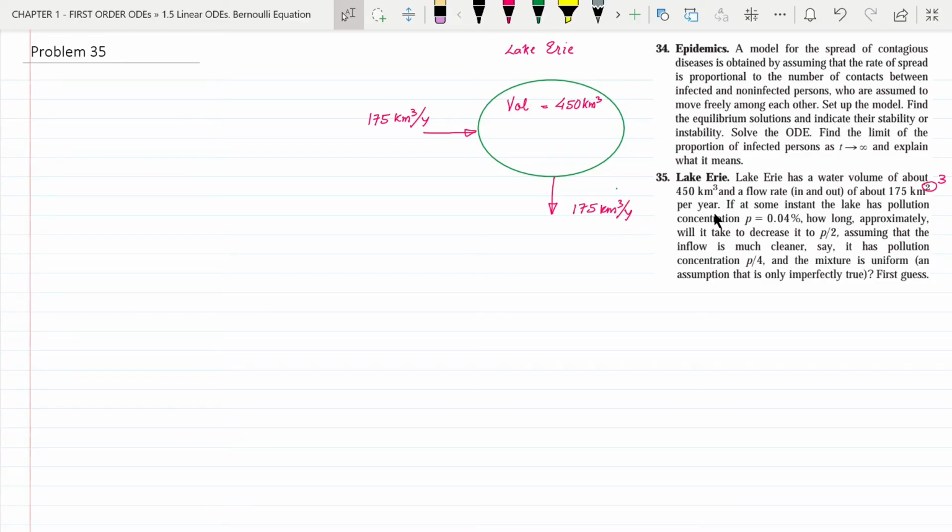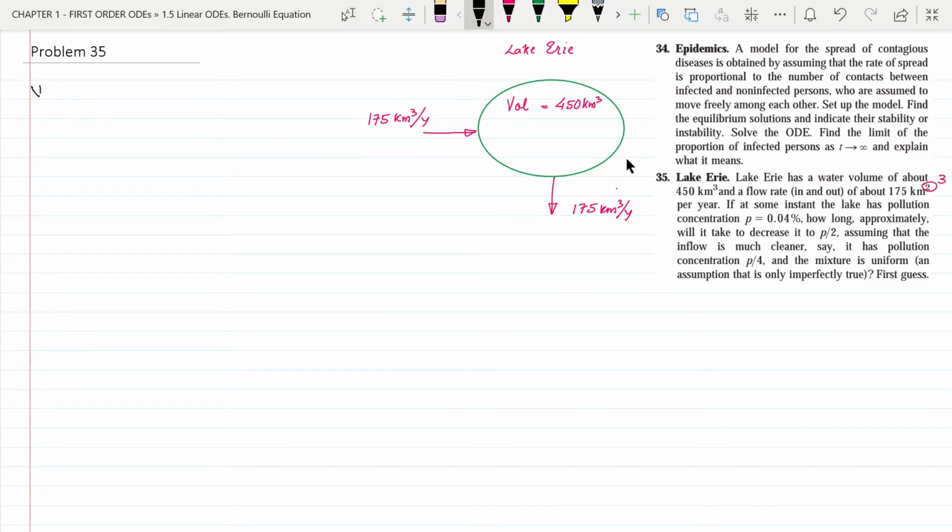It should be obvious that the flow rate in and out should be equal. Otherwise, if the flow rate in is higher than the flow rate out, then the overall volume of the lake would keep on increasing. And if the flow rate in is less than the flow rate out, then the volume of the lake would keep on decreasing.